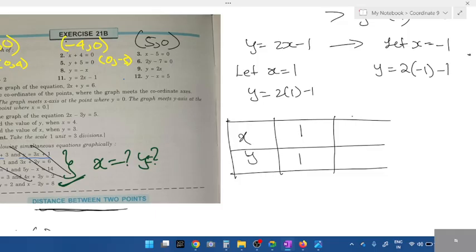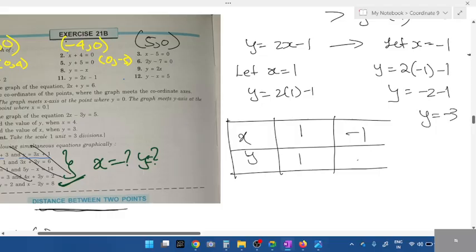And if one question, what's the answer, students? Y is equals to, if you put minus 1, what is minus 2 minus 1? Minus 3. So what are the two coordinates we have? 1 comma 1 and minus 1 comma minus 3.